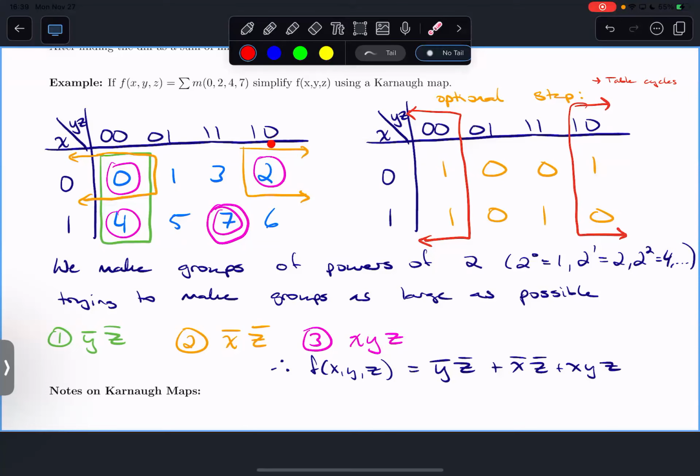Oh, because it doesn't care regardless of what Y is doing. As long as X is off, Z is off, then you've captured that entire group. The bigger your group is, the smaller this term is going to be, right? So here you have a tiny group. And if you're able to build a bigger group, which is always going to be our goal, then you can summarize it by something simpler.